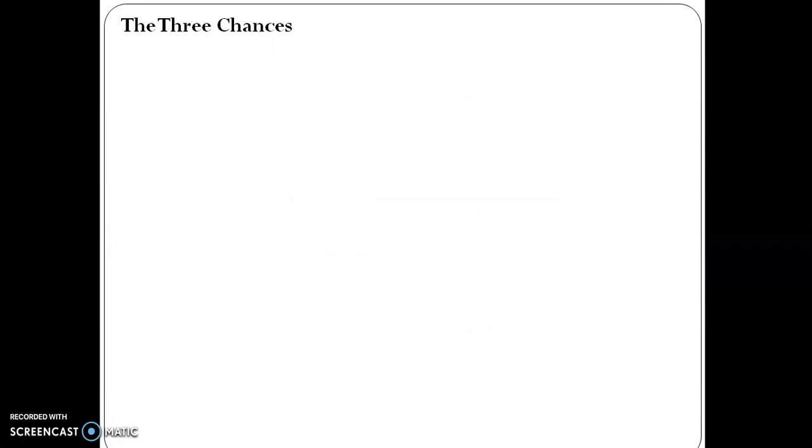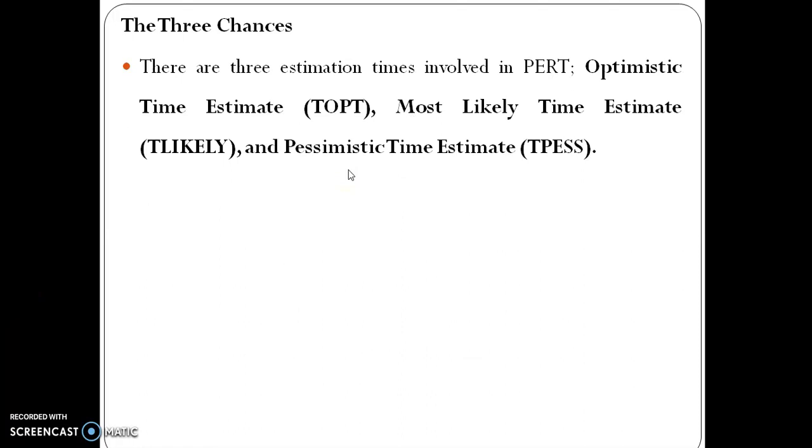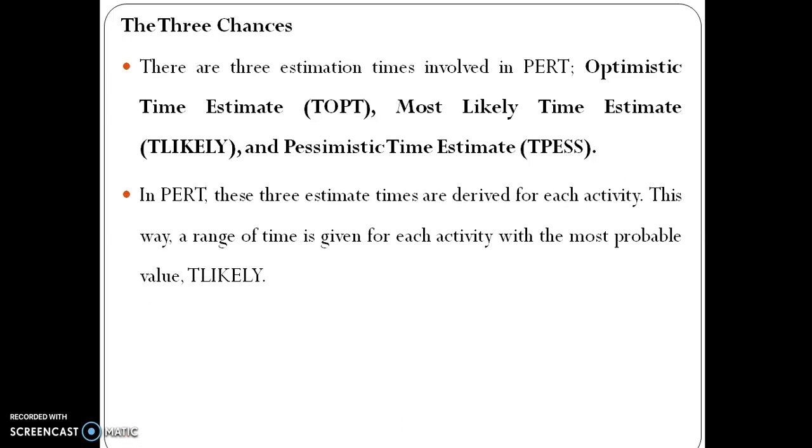The 3 estimates. There are 3 estimation times involved in PERT: optimistic time estimate, most likely time estimate, and pessimistic time estimate. In PERT, these 3 estimate times are derived for each activity.